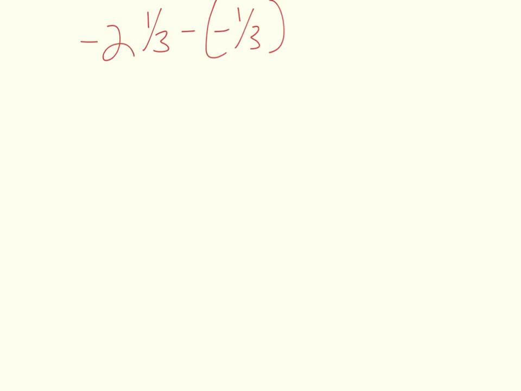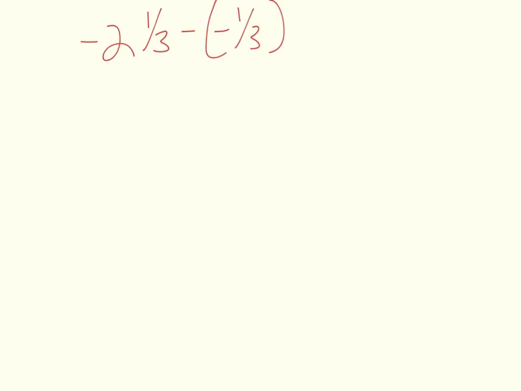For our final problem of the night, we are going to work with subtraction using fractions. The problem we'll be working with is shown already, negative 2 1/3 minus a negative 1/3. If we remember from previous lessons, when we subtract any number, it's like adding its opposite.